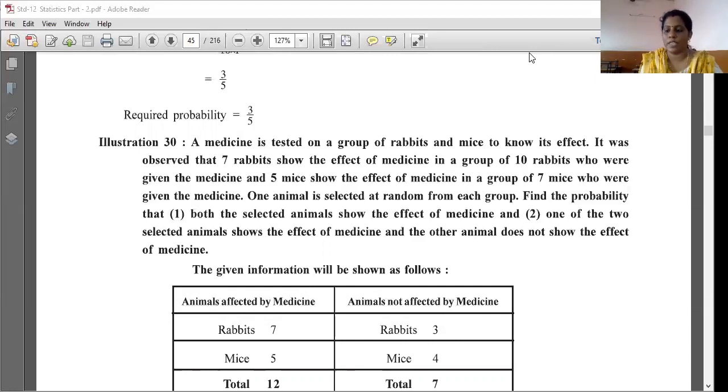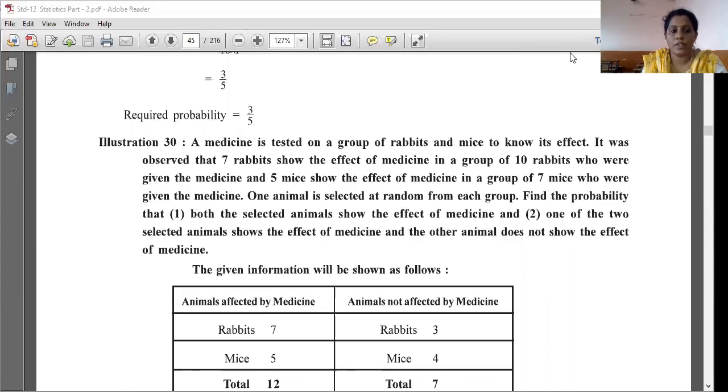So all of you look into your textbook, read the question carefully. Probability chapter. The question is important. If you do not understand the question, you are not able to solve the sum. Okay. So probability में question अच्छे से समझ लो आप लोग. So the question is, a medicine is tested on a group of rabbits and mice to know its effect.